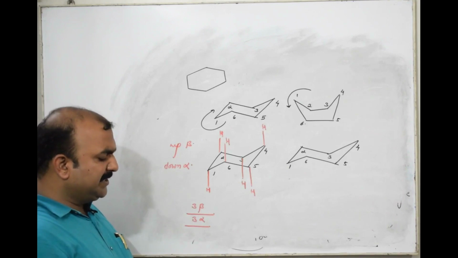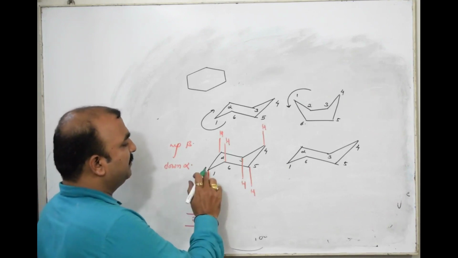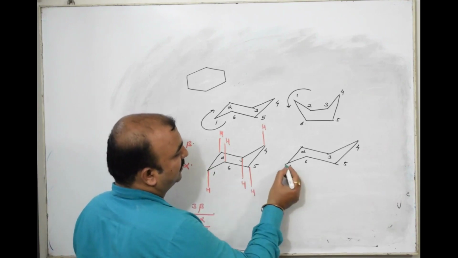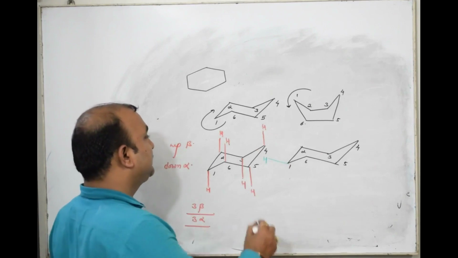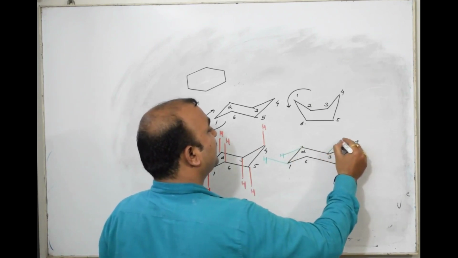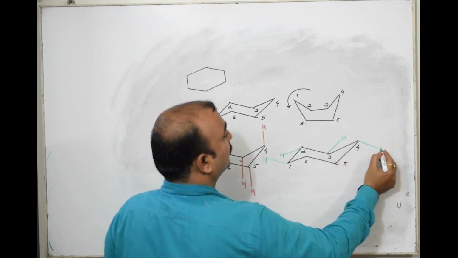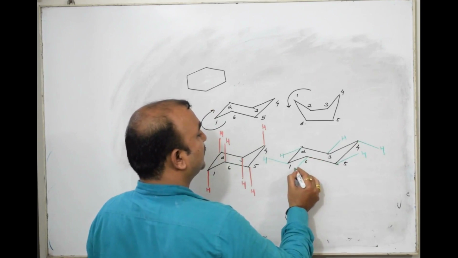Now each carbon contains an equatorial. Here at carbon number 1 we have completed axial down, so first will be equatorial up. Second will be equatorial down. Third will be equatorial up. Fourth will be equatorial down. Fifth will be equatorial down.